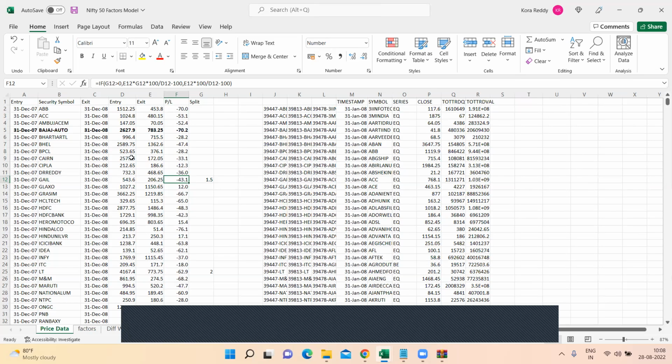Ideally, you should adjust if it's a very high dividend paying stock. But there are very few high dividend paying stocks in NSE, except Coal India and NTPC. The rest all pay peanuts, like 1% or something. So you can ignore it.